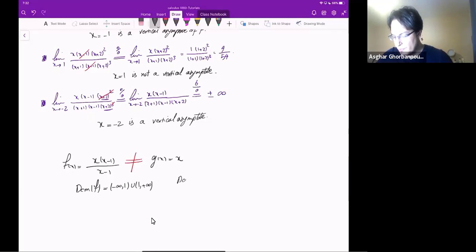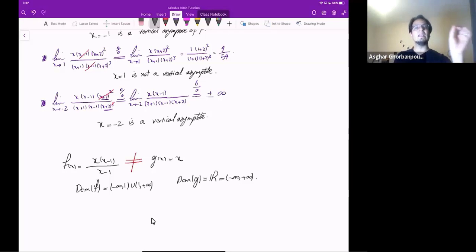But the domain of g is all of R. So canceling the factors is not something that you can do without changing the function. That is possible when you're finding the limit. So yes, at the end we are canceling, but we are not changing the function at the beginning. In the limit, we are allowed to do that.